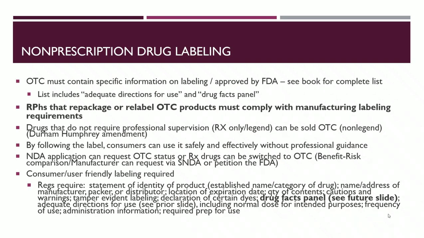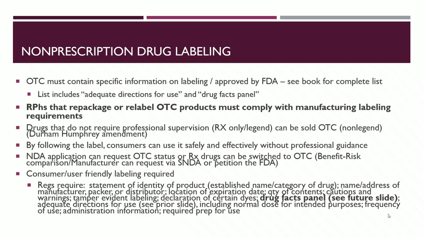I have another one here too. If you repackage OTC drugs in your pharmacy, you must comply with the manufacturing labeling requirements. So you probably don't want to do that. I just wouldn't do it because you must meet the requirements that the manufacturer must do. So just don't do it. Otherwise, you got to do all that stuff.